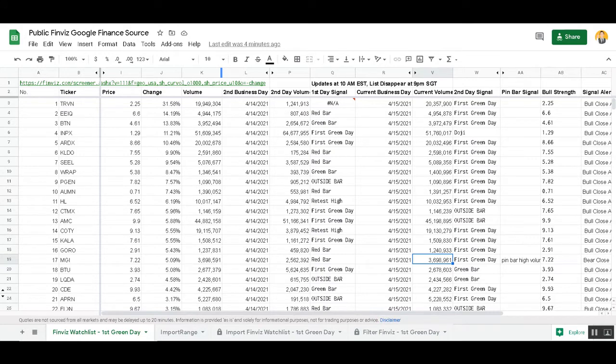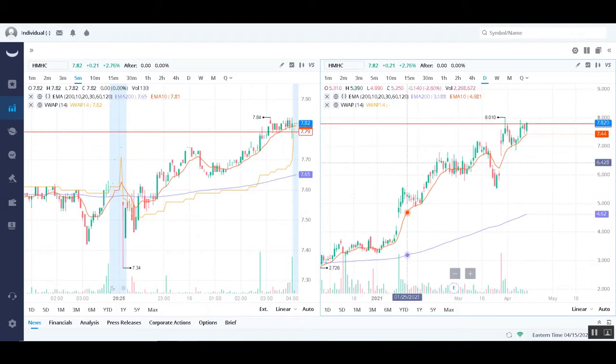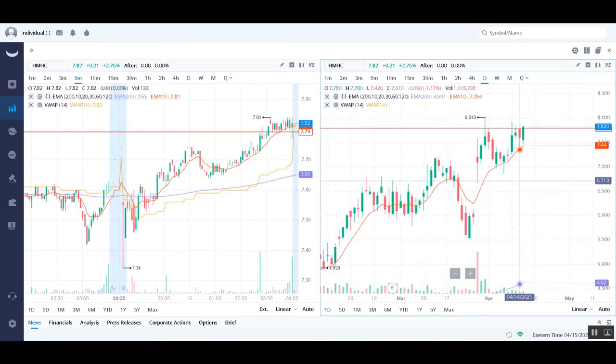First of all, we're looking at strength. This is a chart of HMHC where the market breaks or retests the previous day's high. What I meant was, 2 days ago the previous day high was 7.78, and yesterday the market retested it at 7.840.